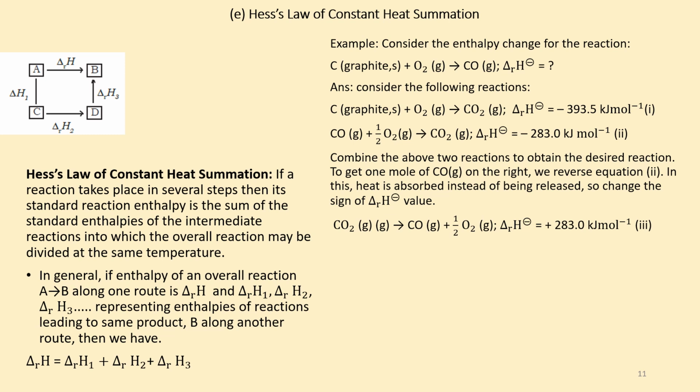To get 1 mole of carbon monoxide gas on the right hand side of equation 1, we reverse equation 2. In this, heat is absorbed instead of being released, so there will be a change of sign in the delta rH value.